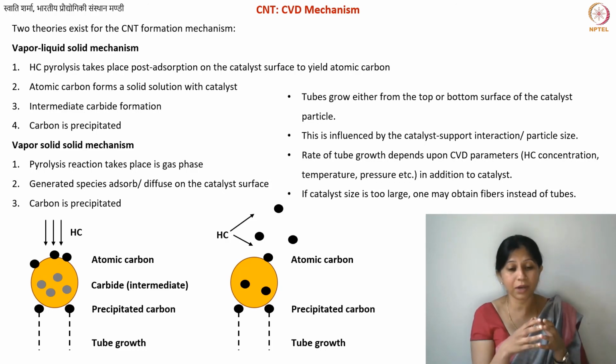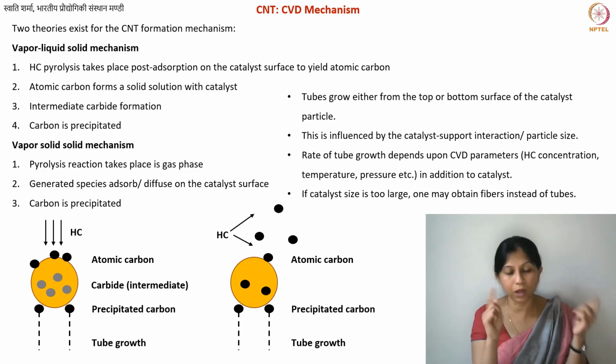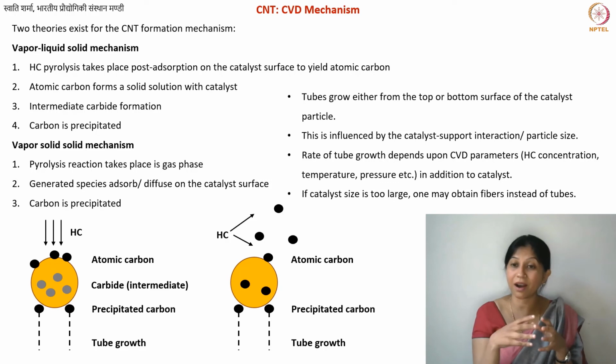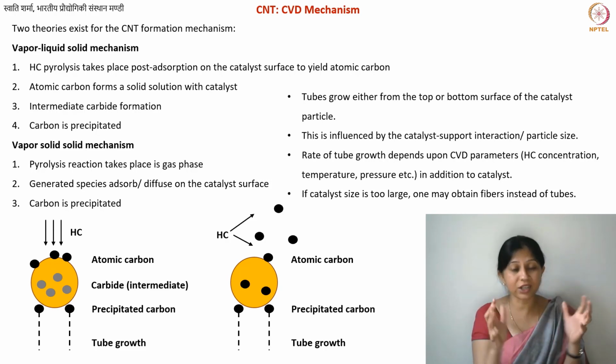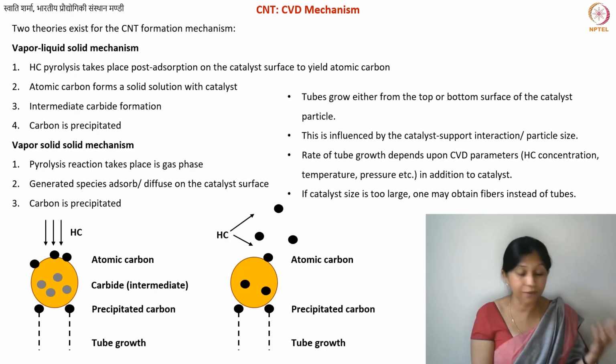If you keep on increasing the size of your catalyst, then at some point it is more energetically favorable for the fibers to form, because you can have single walled or multi-walled carbon nanotubes, but in multi-walled, if there are way too many walls, then there is also an interaction between the walls, between these sheets, because after all they are carbon sheets and they definitely influence each other when it comes to the formation. So that interaction ultimately makes the overall geometry that is more favorable, and it becomes more like a solid fiber rather than a hollow fiber or a tube-like structure. So at some point you start getting carbon fibers.